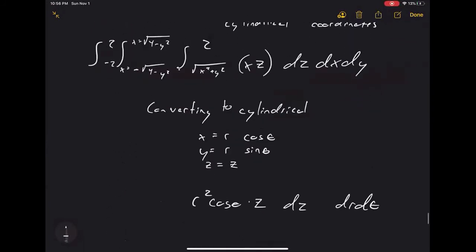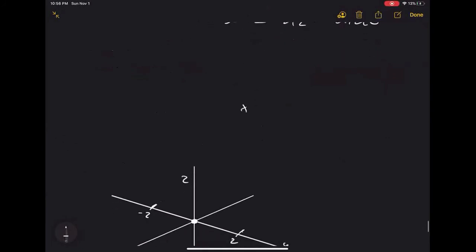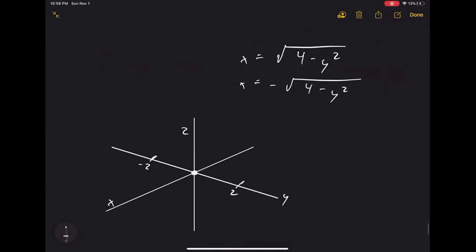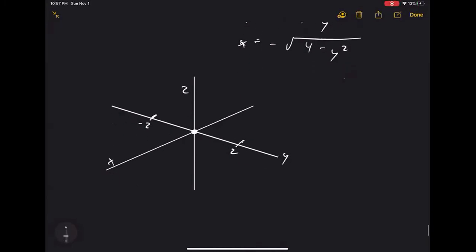Now, x equals the square root of 4 minus y squared and x equals negative the square root of 4 minus y squared. This might look familiar from the work we've done so far in these videos, but these are the top and bottom halves of circles, right?